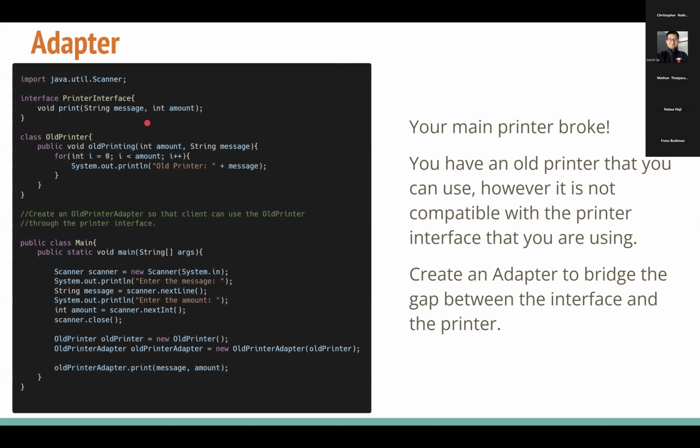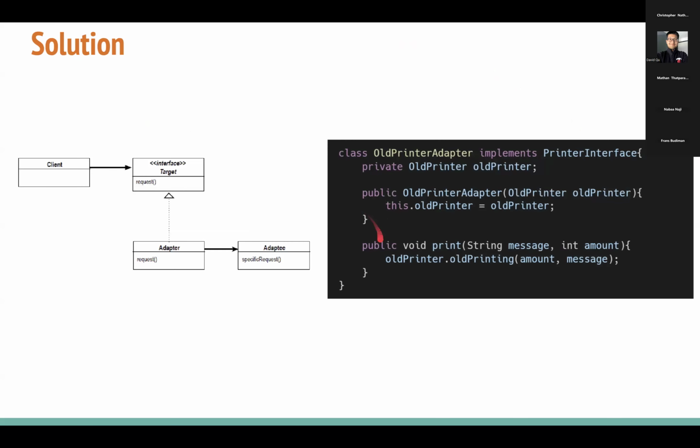So this one, right? So it's public void print, you take in the String message. And then that method will run the adaptee's method oldPrinting. Okay. This one is quite simple. Are there any doubts?